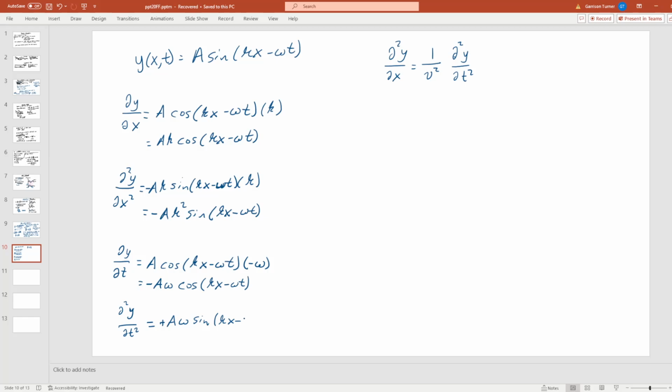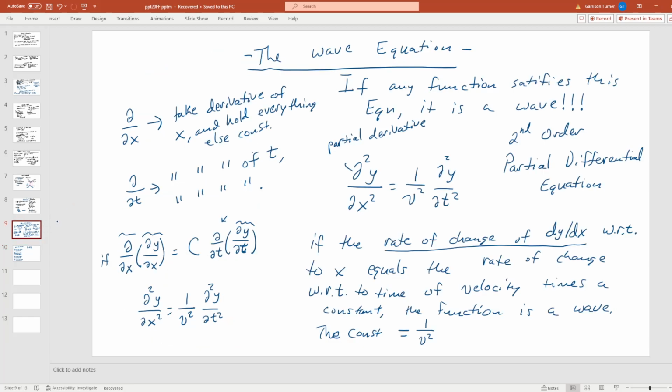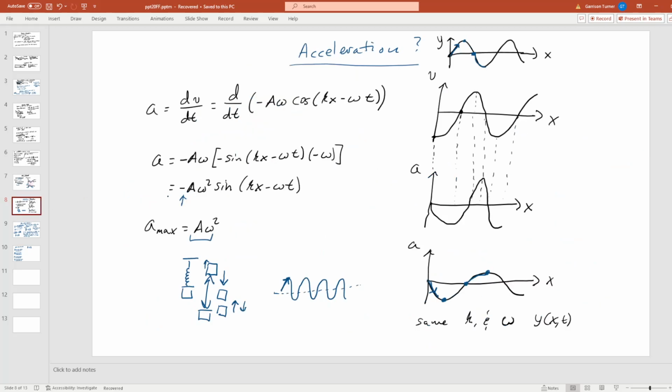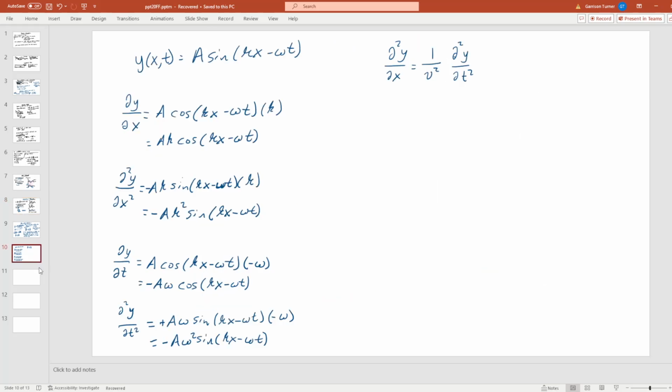But we get another negative omega, so this equals negative a omega squared sine(kx minus omega t). And we just did this a couple of slides before. The right-hand side of the wave equation is just your acceleration times the square of your velocity.